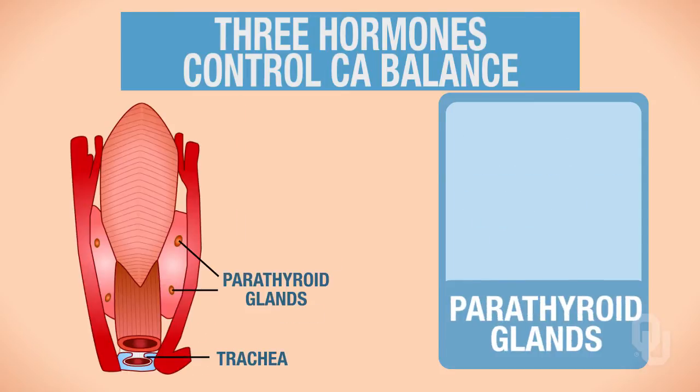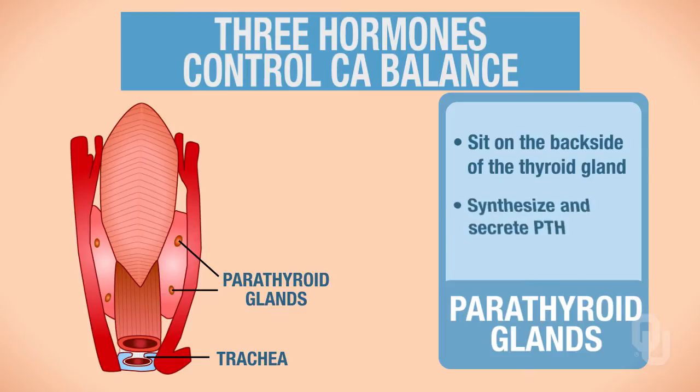Then we have the parathyroid gland. The parathyroid glands actually sit on the back side of the thyroid gland. So in this case, you could see 4 parathyroid glands located on the back side of the thyroid gland. The parathyroid gland will synthesize and secrete parathyroid hormone.